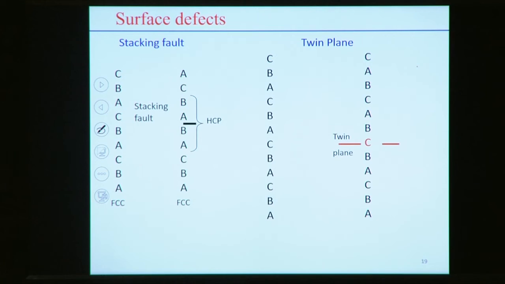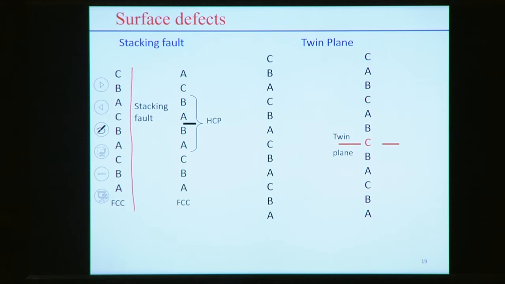Now another surface defect is called the stacking fault or twin plane. For a stacking fault, we have discussed the stacking sequence in the FCC structure, and also the stacking sequence of the HCP crystal structure, the atomic arrangement within the crystal structure. If we simply see the HCP structure on the base plane, it follows one specific arrangement of the atoms.